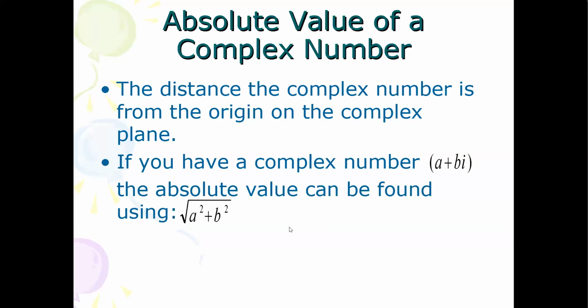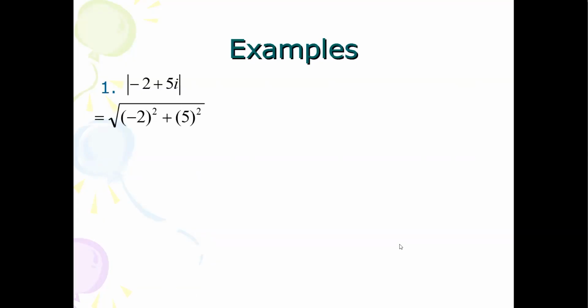And this formula can be used to calculate the modulus or the absolute value of the complex number. And these are some examples, right? And that's the symbol there for modulus, those 2 bars at the side.